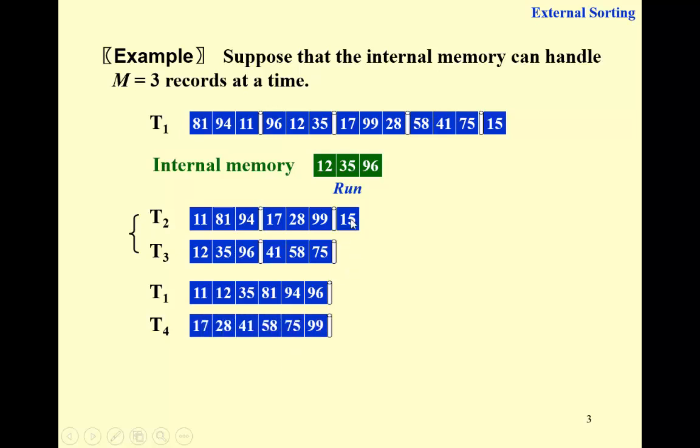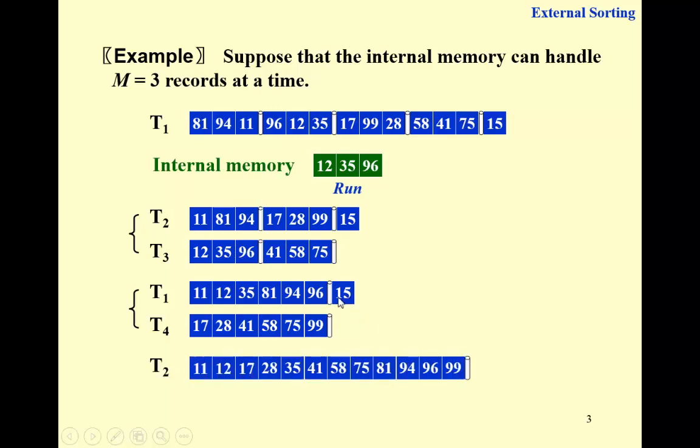Okay, finally, merge 15 with nothing, so we copy 15 onto the first tape and do another merge. Now tape 2 and tape 3 are both available, and therefore we can merge the results back to tape 2 and tape 3. So what do we get? We get the result of this one merging onto tape 2 and the result of this one merging onto tape 3, and finally merge back to tape 1 and obtain the final result.